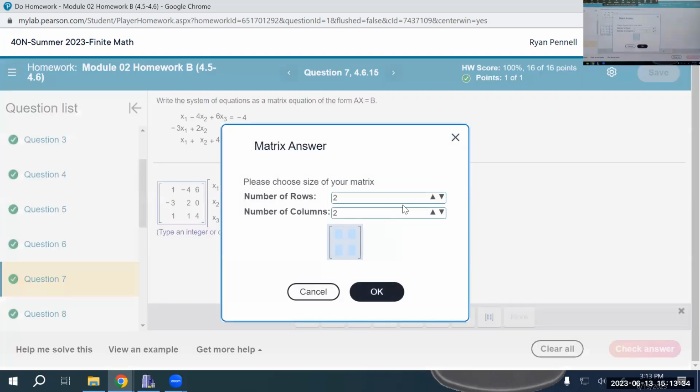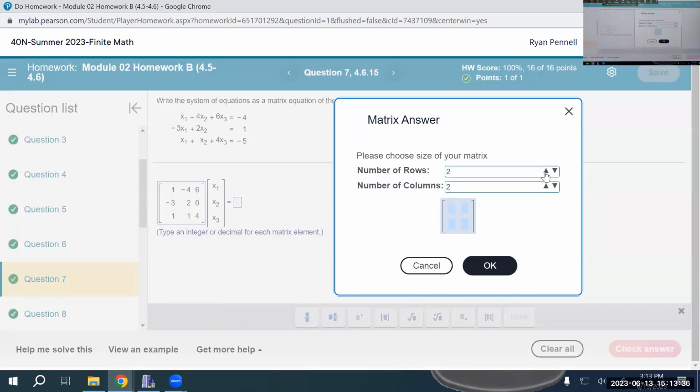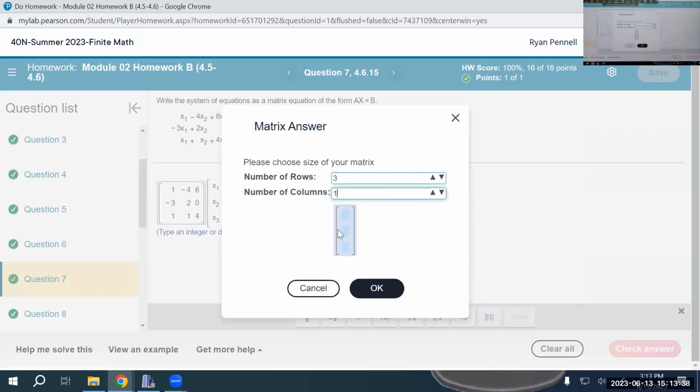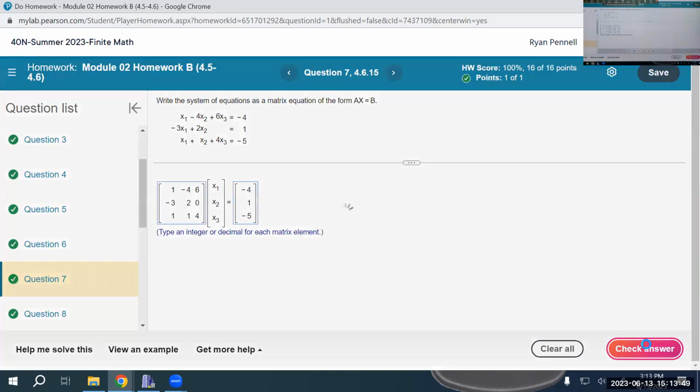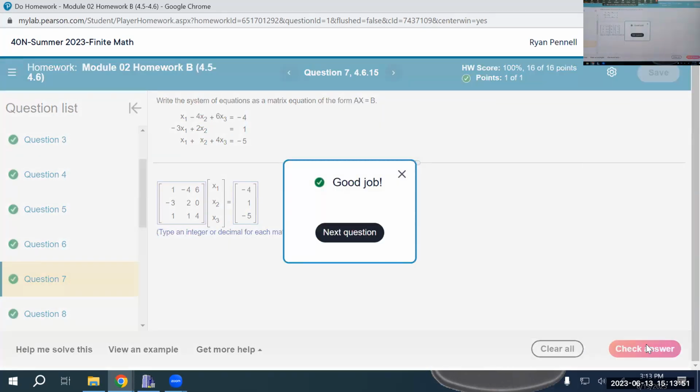I want another matrix, 3 by 1. It even shows me a nice little picture there, so I know what I'm looking at. -4, 1, -5. So I did have to enter that in. Good job for that.